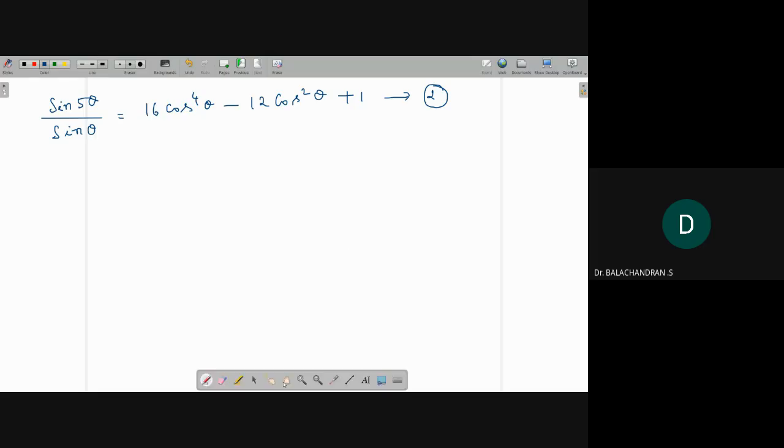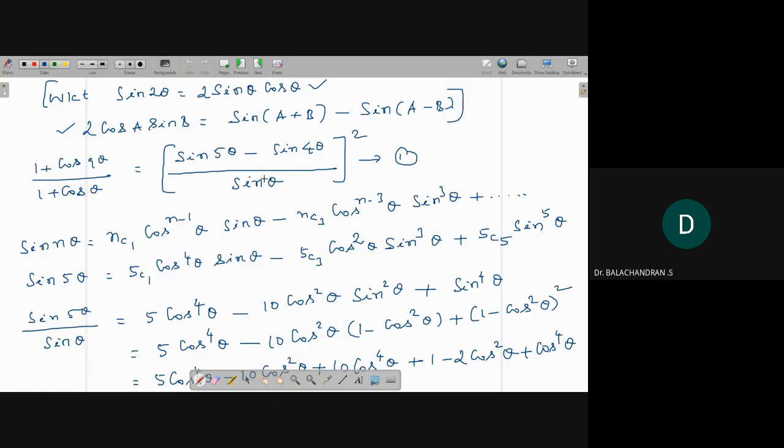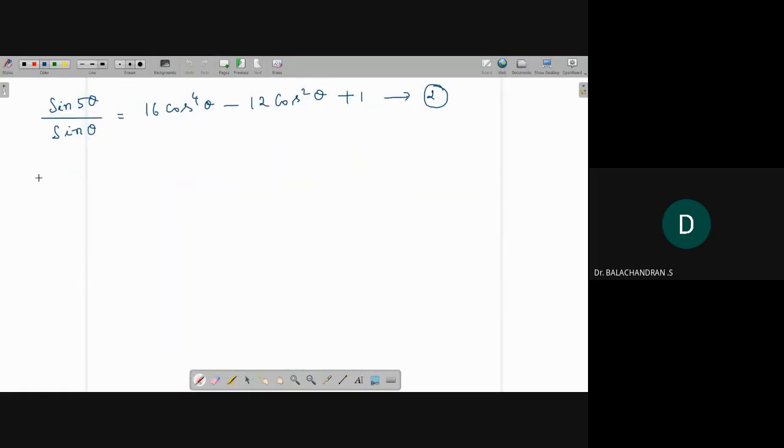Now similarly, I need sin 4 theta divided by sin theta, so first I need to find sin 4 theta.